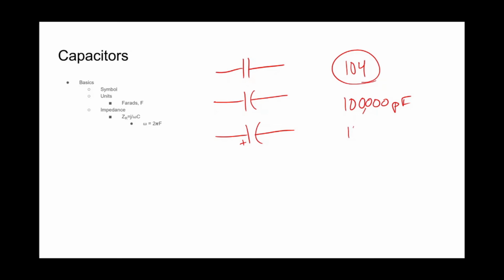If we were to write this out, it'd be 10e to the, or whoops, 1e to the 5th. Picofarads are e to the minus 12. So that leaves us with 1e to the minus 7, which is the same as 0.1e to the minus 6, or in other words, 0.1 microfarads. So kind of long, laborious, but you get the picture.